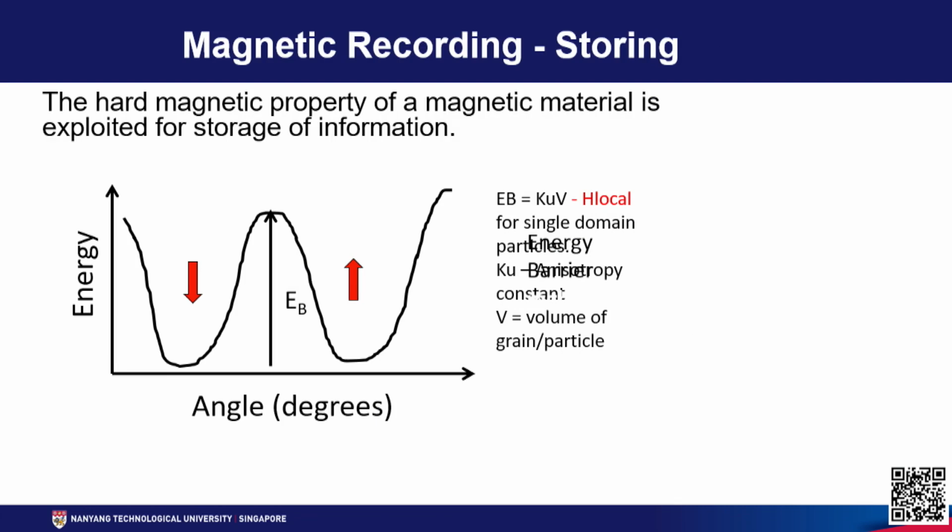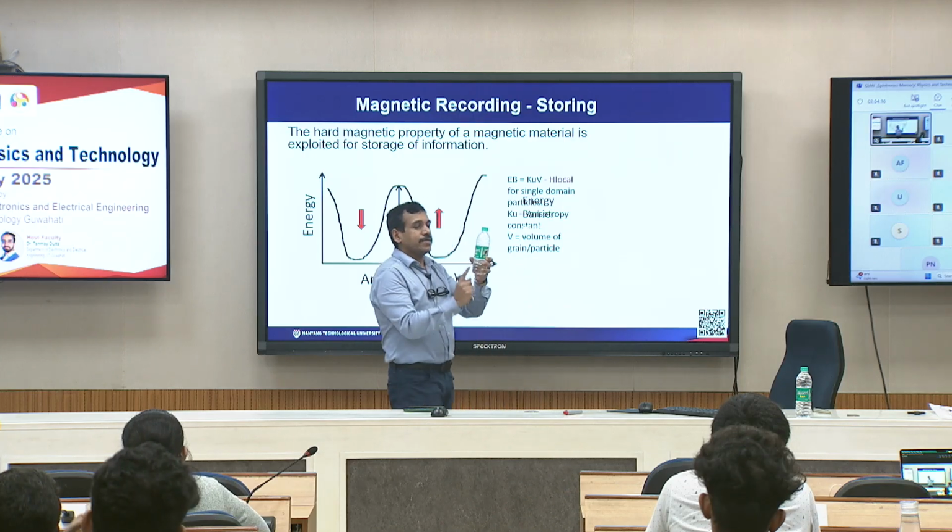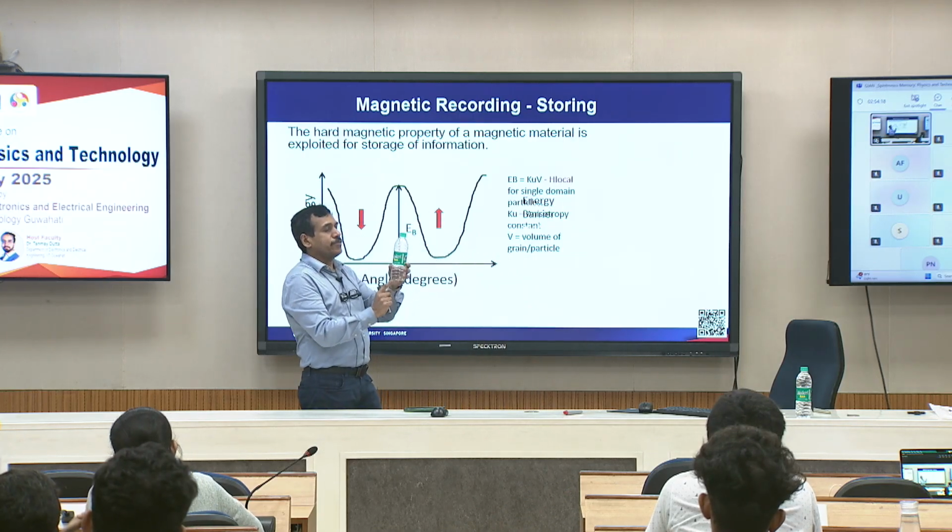Then storing is based on the energy barrier that we learnt. Let us say we magnetize a material down along the easy direction, that is one direction where the energy is lowest, or you magnetize the material in the up direction. Let us say this is the magnet and it has 2 easy directions.